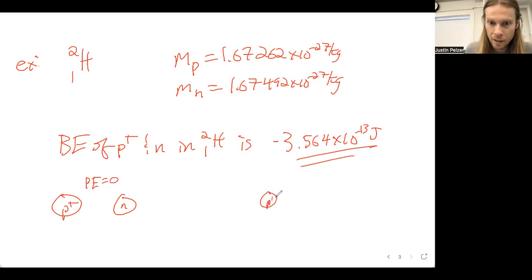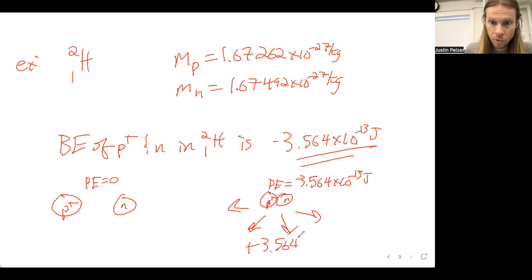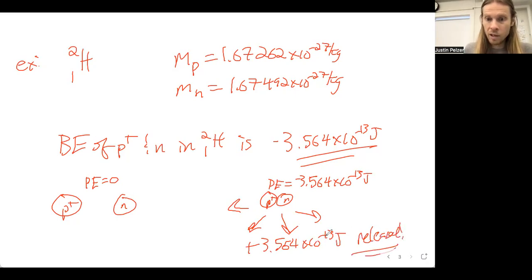And when they're connected, the potential energy is negative 3.564 times 10 to the negative 13 joules, which means that amount of energy was released, which means positive 3.564 times 10 to the negative 13 joules was released by bringing them together. That's light and heat coming out. Boom.